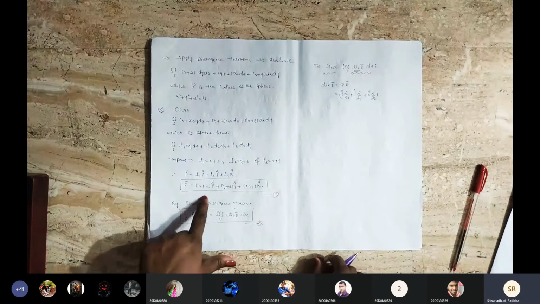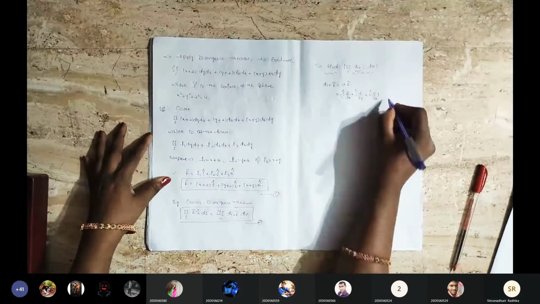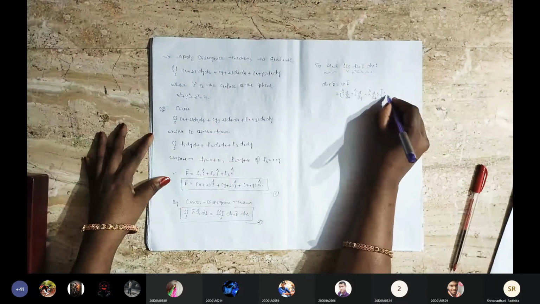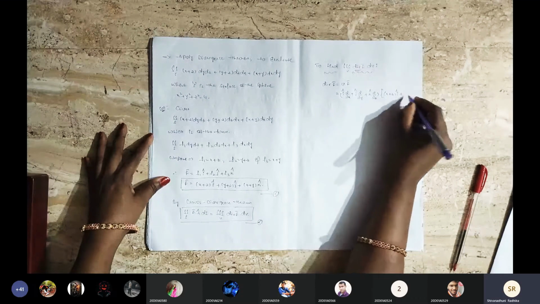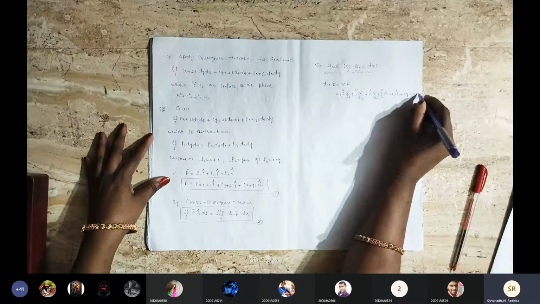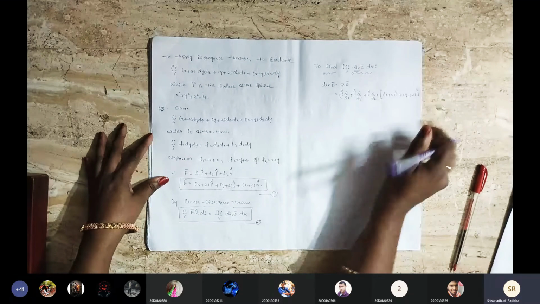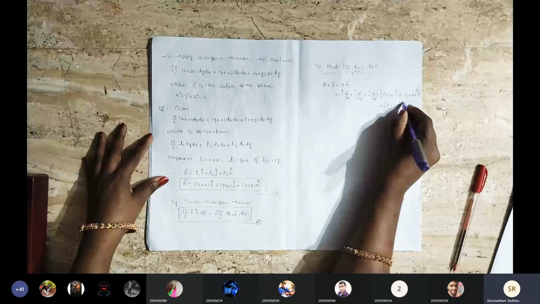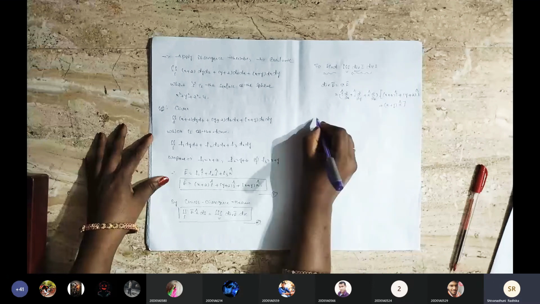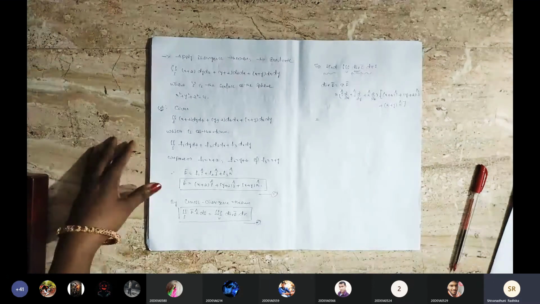F bar is the given function here: (x plus z) i cap plus (y plus z) j cap plus (x plus y) k cap. Dot product of two vector point functions gives a scalar.